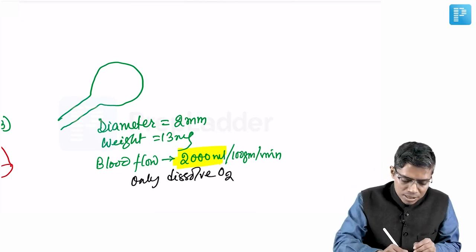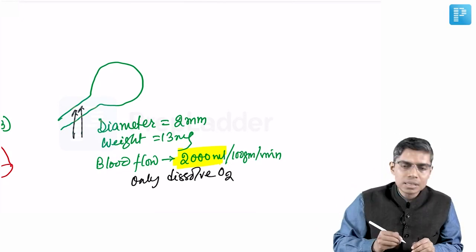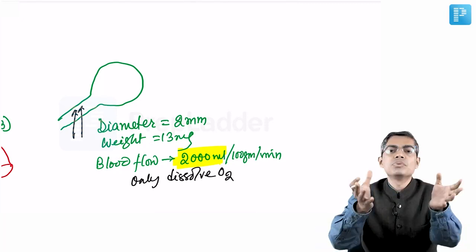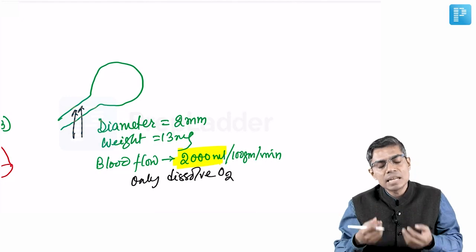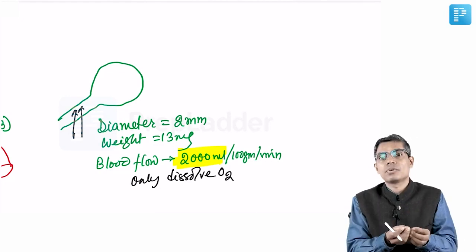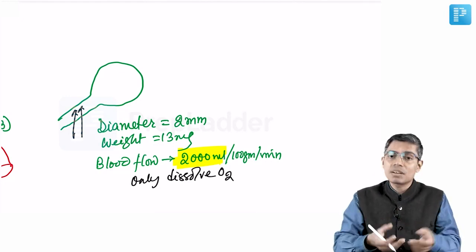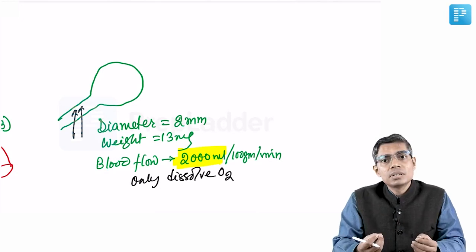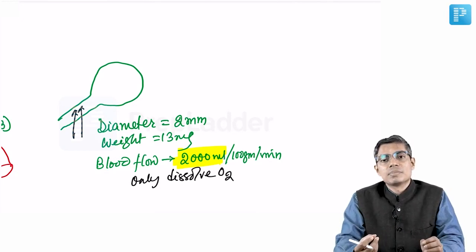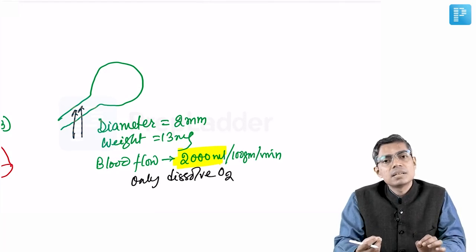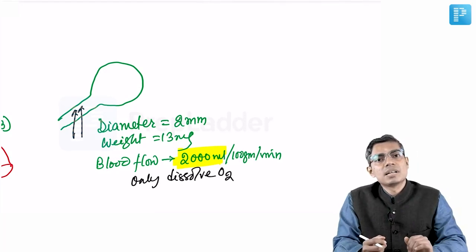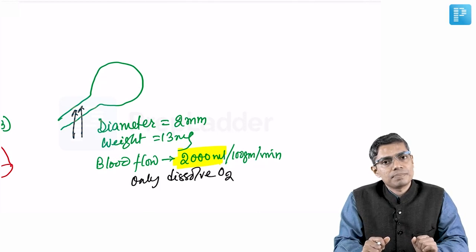But in the carotid body and aortic body, blood flow is so huge that even the dissolved oxygen is adequate for survival. Although the dissolved oxygen amount is very less, the blood flow is high, so it can survive based only on the dissolved oxygen. This has applied importance, which you will learn in the hypoxia chapter in the respiratory system, right?